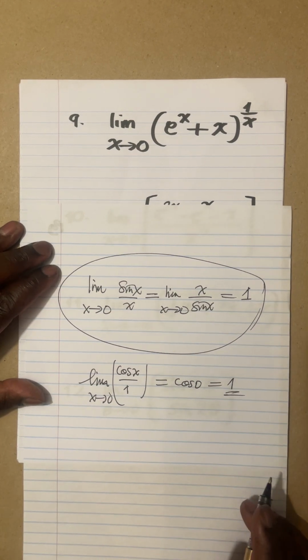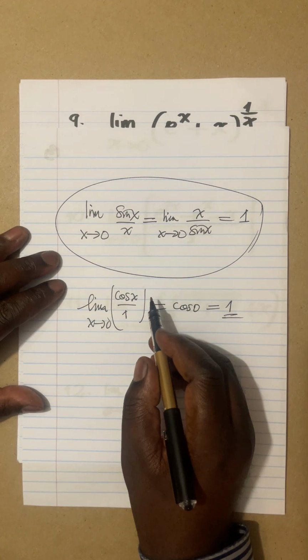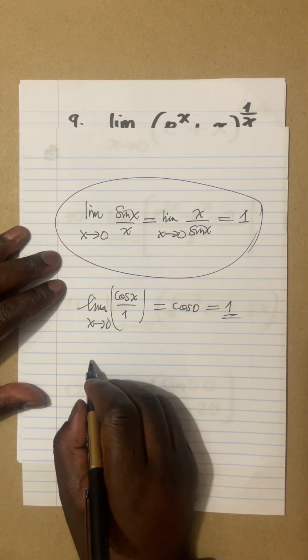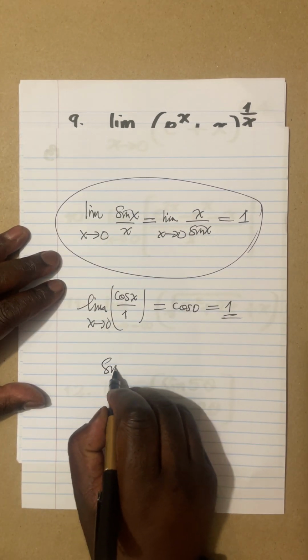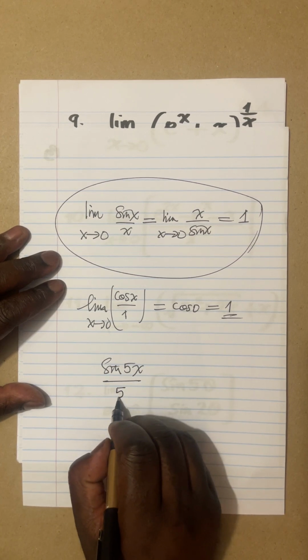All right, so this is the result we're taking advantage of. Now, you can have something trickier than straight like this, where instead of having sine x over x, you have sine of 5x over 5x, like this.